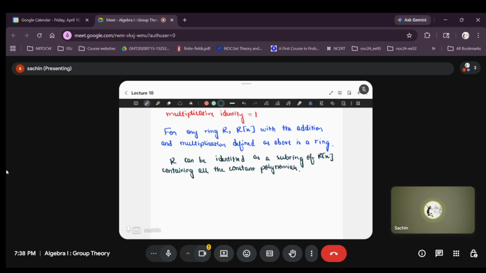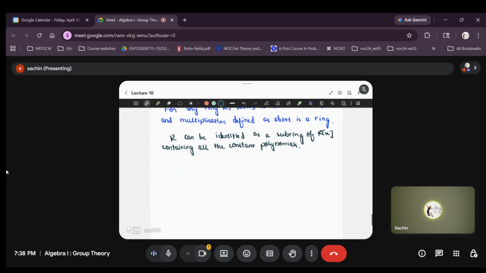That way, we can get finite fields. We'll see that later if we have time.